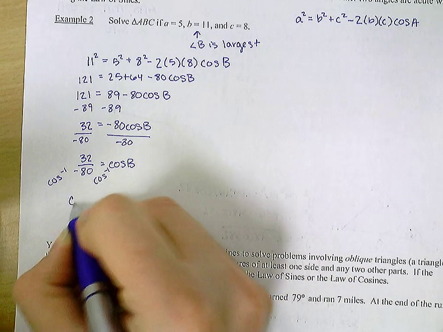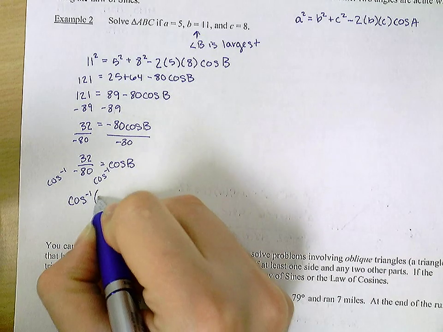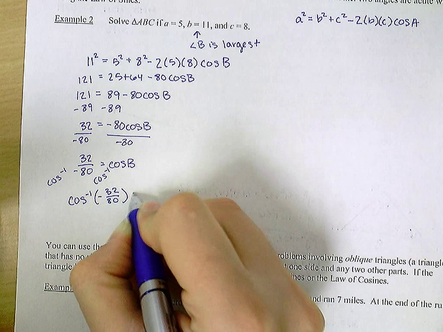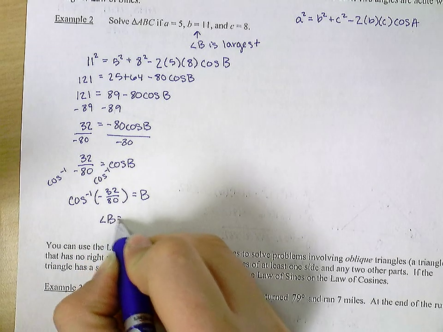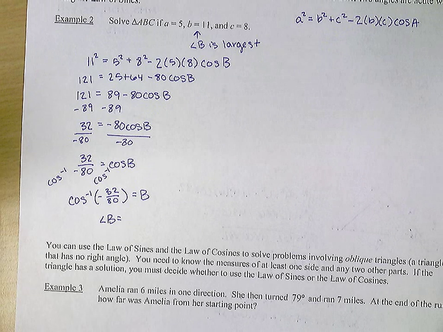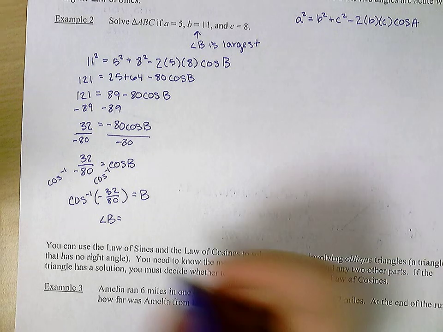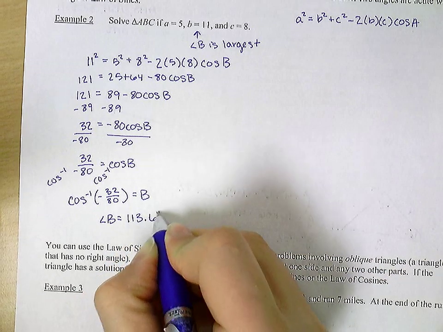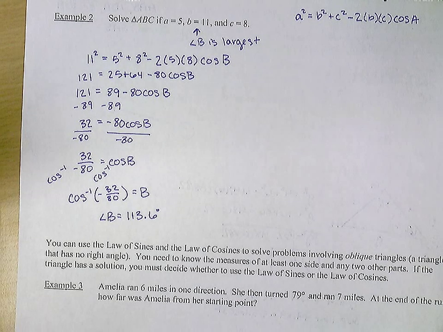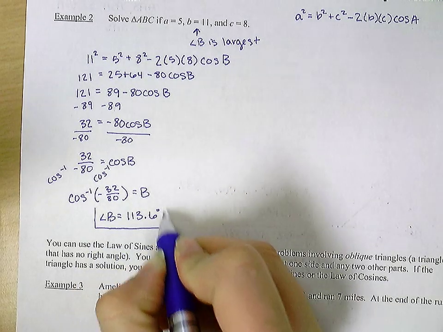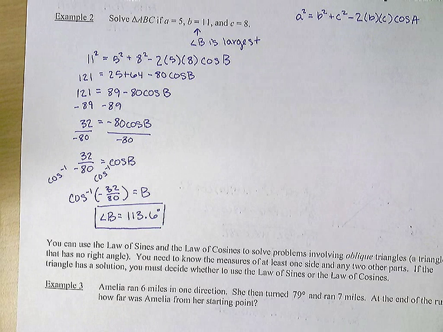Okay, so in your calculator, you can plug in cosine inverse of negative 32 over 80, and that will give you angle B. Okay, so angle B will be 113.6 degrees.